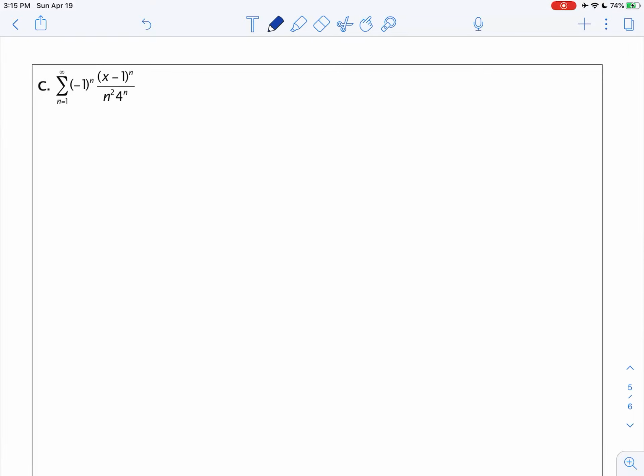So let's take a look at this one, where if I were to break this apart and put it into a more clear scenario to identify what your c sub n is, I just rewrite this as the sum from n equal to 1 to infinity, and I'm just going to group together the n expressions. So I have negative 1 to the n times n squared times 4 to the n, and then I have times x minus 1 to the n. So this portion here, all of the n expression, is what we would call the c sub n.